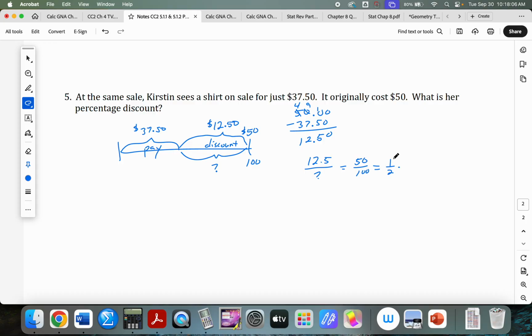I need to multiply it by 12.5 over 12.5. That gives me 12.5 over 12.5 times 2, which is 25. So the question mark is 25. So that is 25%.